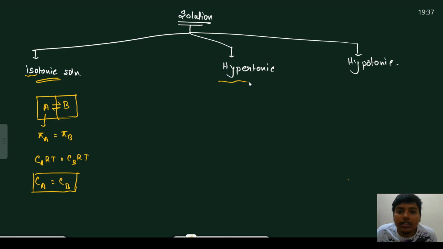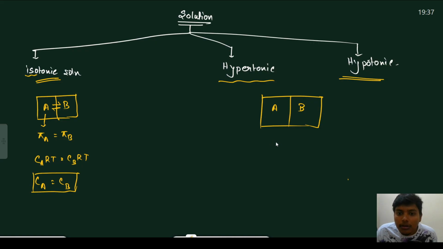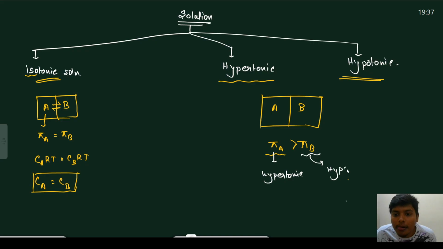Next, hypertonic solution and hypotonic solution. Simple thing. If you take two solutions A and B, let's suppose pi A is more than pi B. Osmotic pressure of A is more than osmotic pressure of B. Which one is higher? That is known as hypertonic. And which one is lower? That is known as hypotonic.